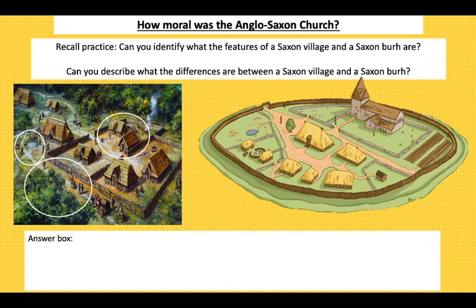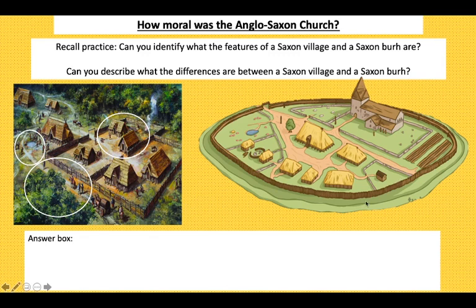We've also got the Saxon houses, which were rectangular huts made out of wood with roofs thatched with straw, and each family house would have one room with a hearth, with a fire for cooking, heating, and to provide them with light.